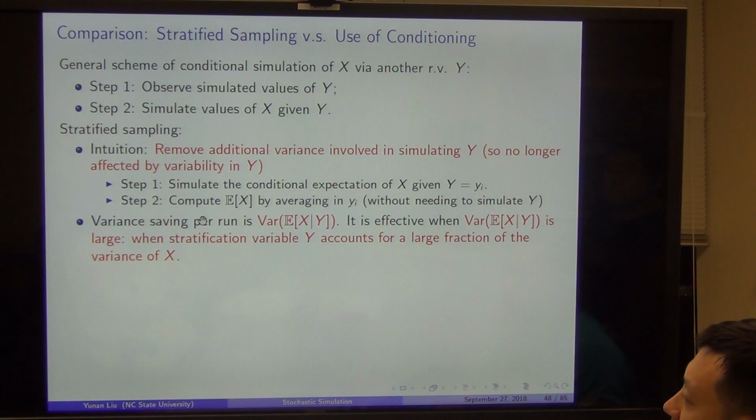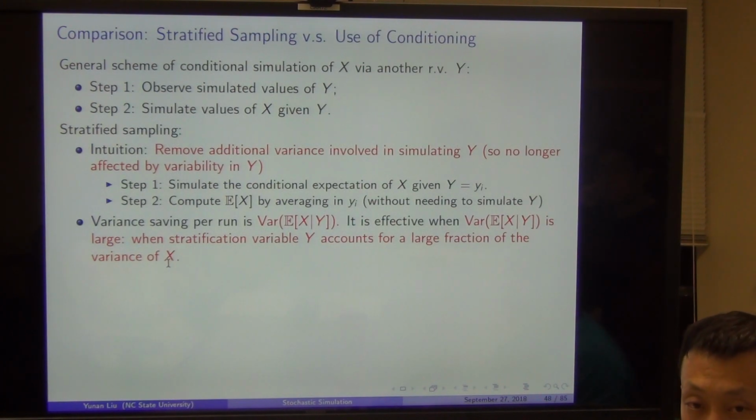So the variance saving per run is this. This technique, stratified sampling, is effective if this piece is big, because this is how much we saved. Meaning, when the stratified variable Y accounts for a large fraction of the variance of X, then we save a lot of variance.